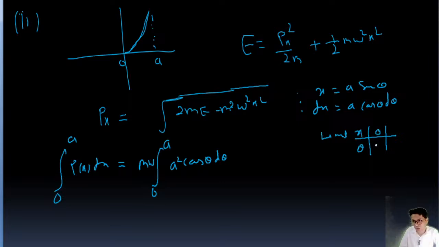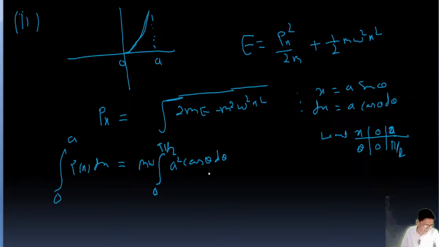If x equal to 0, theta equal to 0. If x equal to a, then the value of theta is pi by 2. I have already explained this in the same question I have solved.